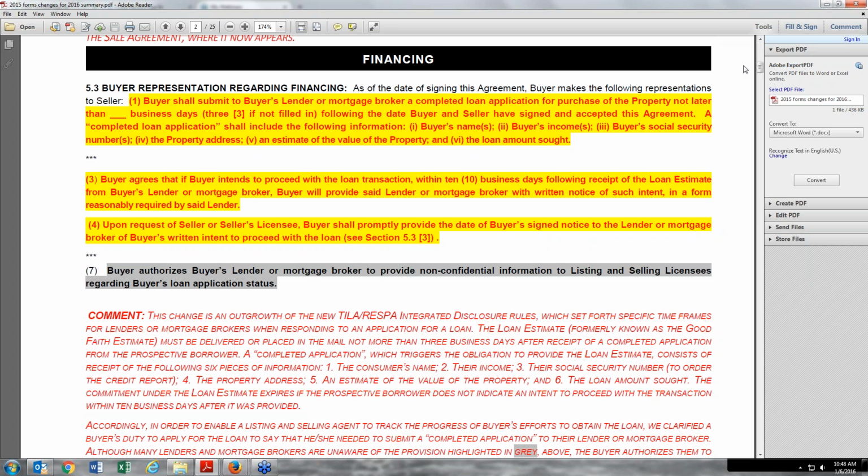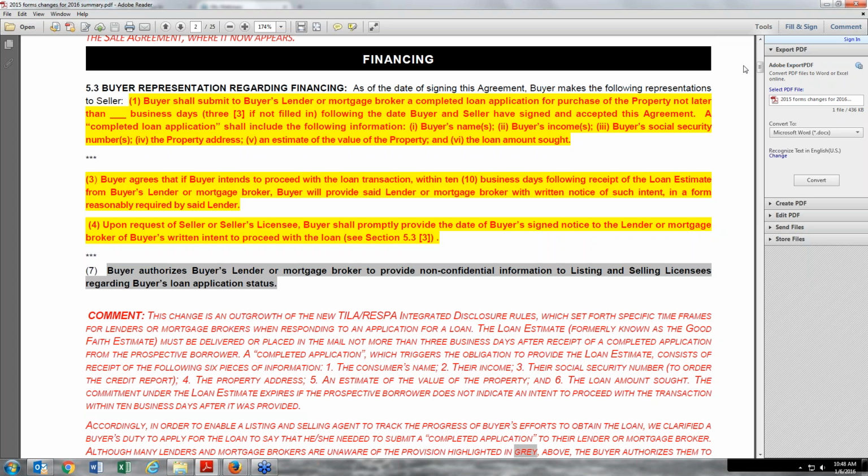So that's important, because if the loan application does not include all 6 of those, then the lender is not required to give the loan estimate within the 3 business days. They could give it 4, 5, 6, or 7, or whatever. And that's problematic for sellers, because sellers want to know that the transaction, the wheels are starting, and that the transaction is gearing up, and that can only technically happen with a completed loan application.